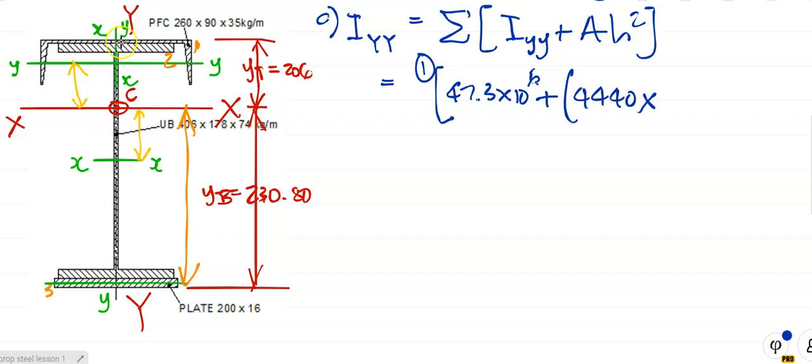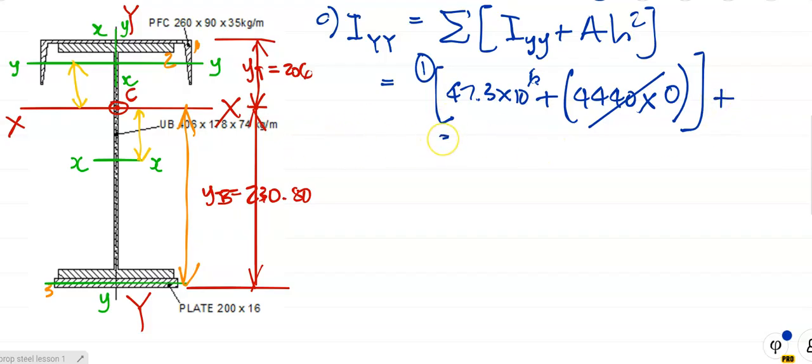How far is it from the centroid of the channel to the centroid of the whole section? It falls on the same line. The y-axis of the channel is on the y-axis of the whole cross section, so it is 0. So what does it mean? It means that that term actually just falls away.